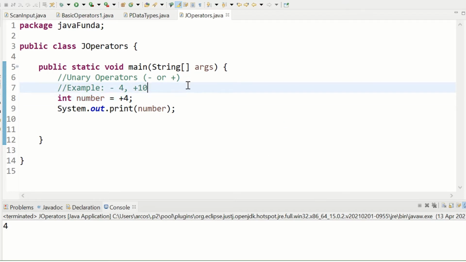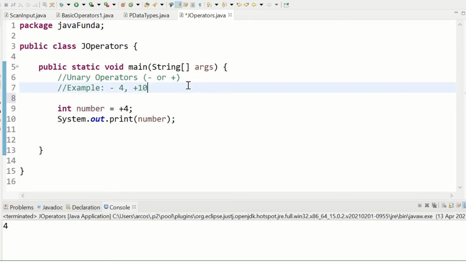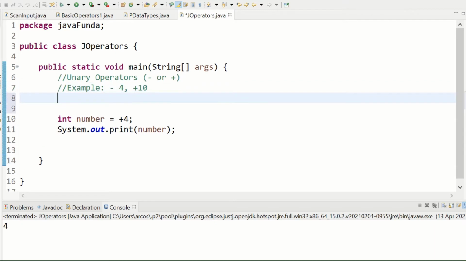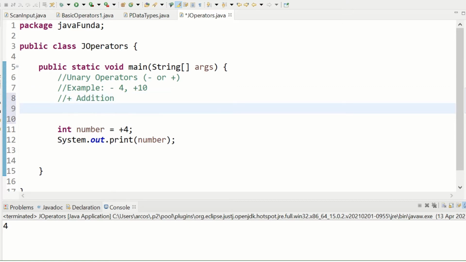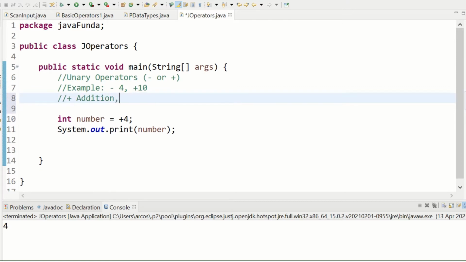So next, we will have the binary operators that Java has. We have plus for the addition, and we'll just have that here. Then we have minus for the subtraction.